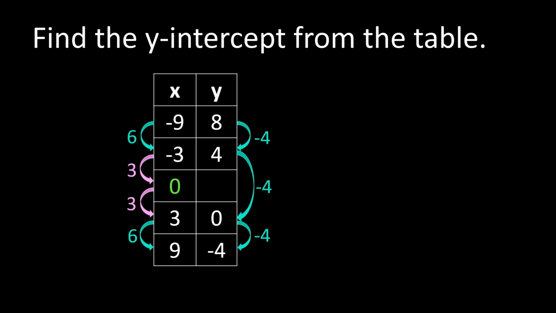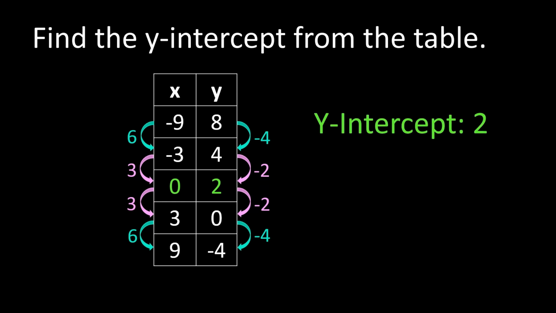Well, from 4 to 0, we had a change of -4, and half of that is going to be a change of -2. So my y value is 4 minus 2, which is 2. So my y-intercept, my y value where x is 0, is 2.